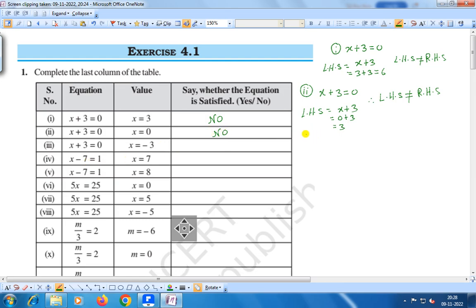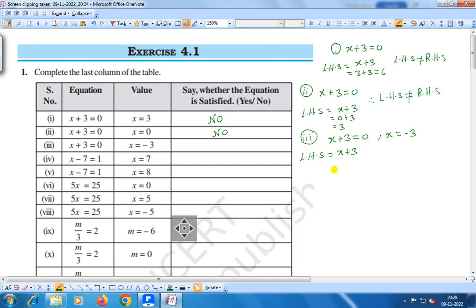Question number 3. Question number 3 is x plus 3 is equal to 0, and the value of x is equal to minus 3. Let us put the value. Left hand side is equal to x plus 3.